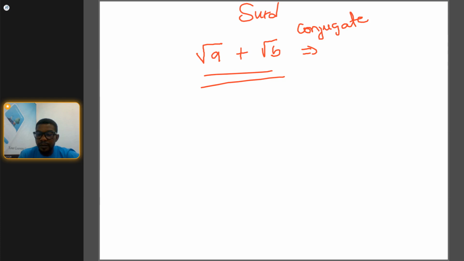Still waiting. All right, let me help us out. It's going to be root A minus root B. The conjugate will be root A minus root B. I believe that is clear to us, right? So let's proceed to take an application under the rule of surd.